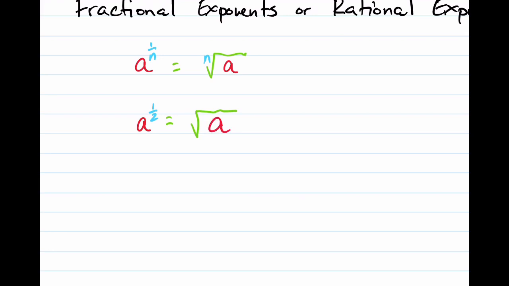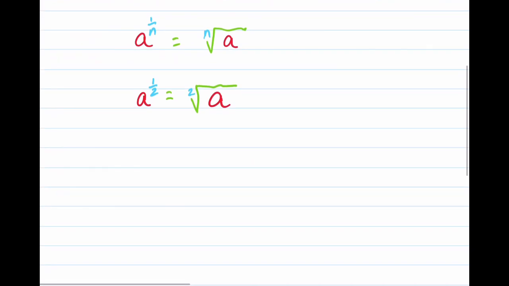And when we have a square root, we don't have to put the 2 here. It's just understood that it's the square root. Likewise, if we have a raised to the power of 1 over 3, I'm sure you can guess that we would have the third root of a.